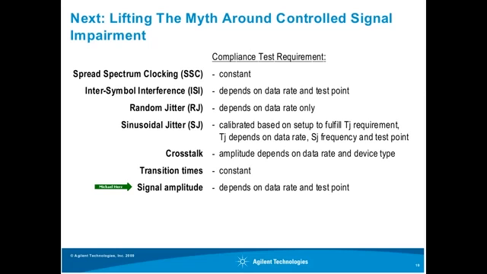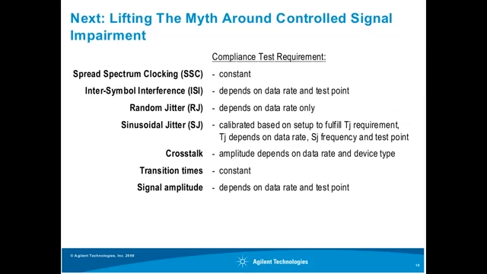For example, spread spectrum clocking is constant. Inter-symbol interference depends on the data rate and the test point. Random jitter depends on the data rate only. Sinusoidal jitter is calibrated to fulfill a certain TJ requirement, and it depends on the data rate and the SJ frequency because of that curve, and it also depends on the test point.